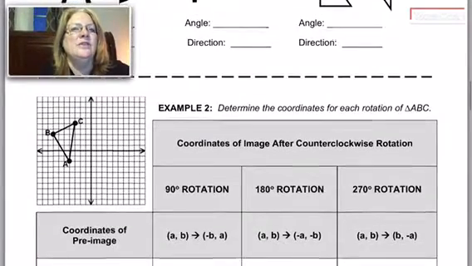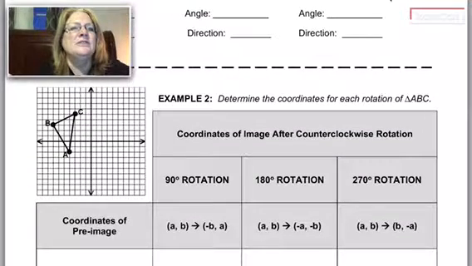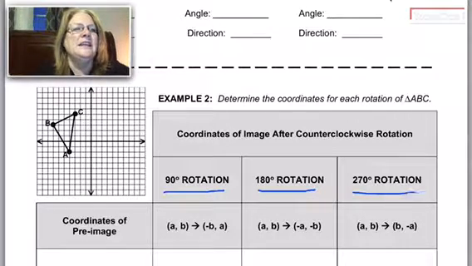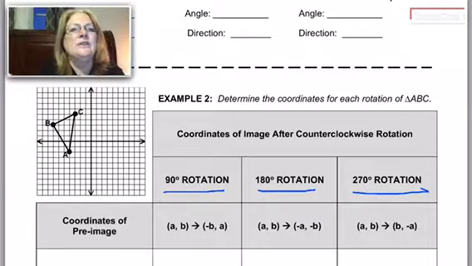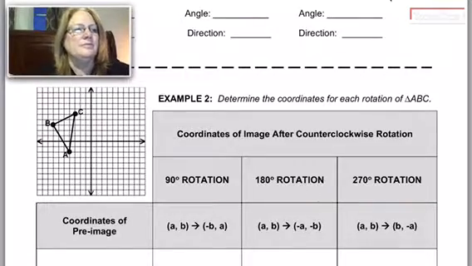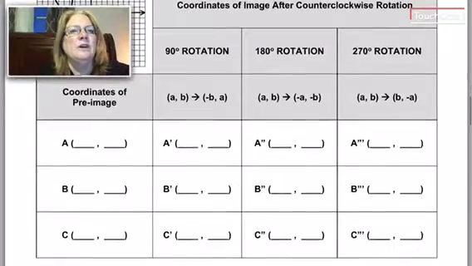All right, so now in this, they give us all the rules here. And so you can look at the top of this. You have your 90 degree, your 180, your 270, and then the rules below it. And so they want us to fill this in. Okay, what are our coordinates?